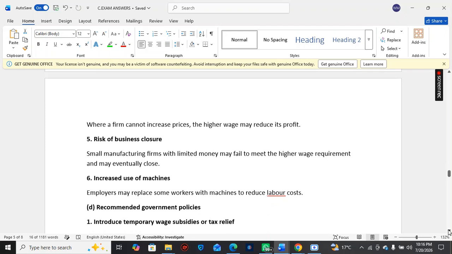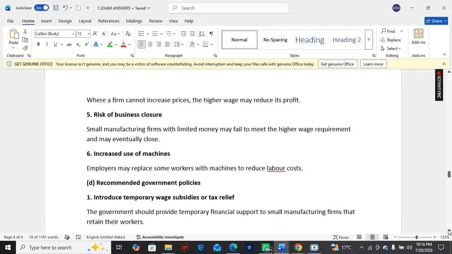Risk of business closure. Sometimes if you can't maintain a sufficient workforce, your business may need to close. Maybe for a business to run, you need 50 workers for the different operations you do. Now, if wages increase, you have to lay off workers. When you lay off workers, you start having inefficiencies within your business, because workers have to do more work.